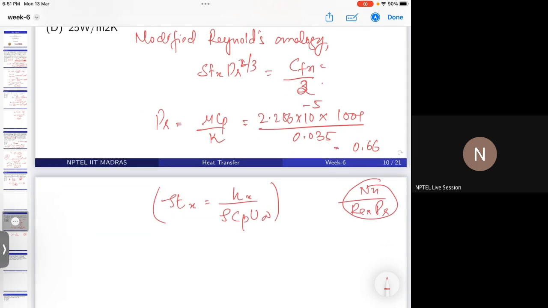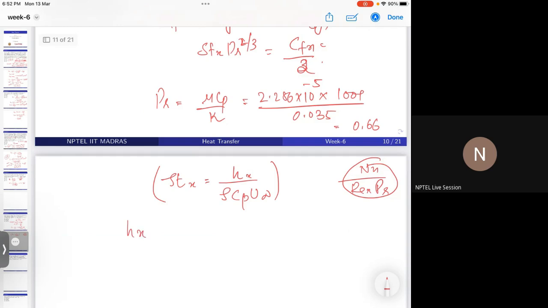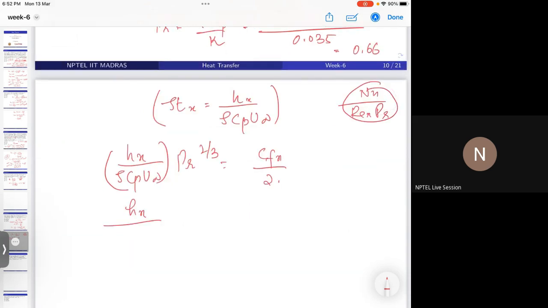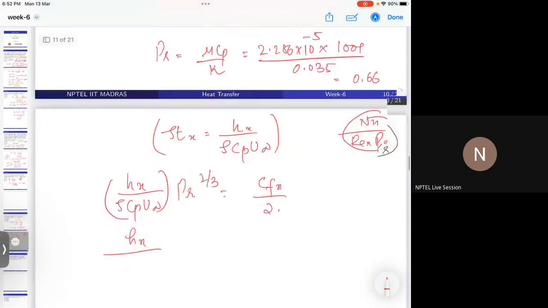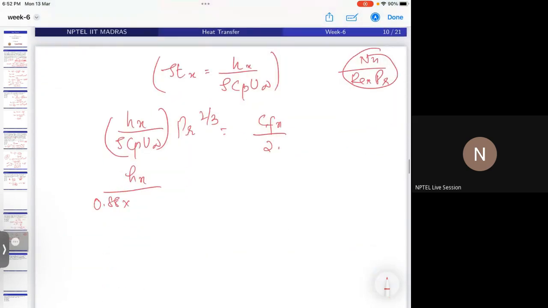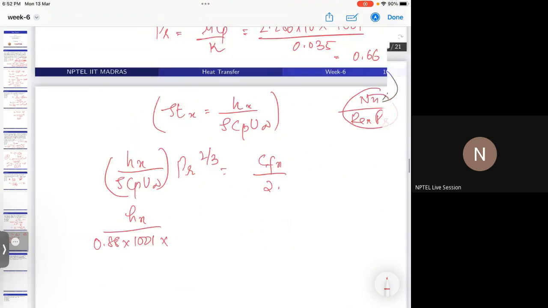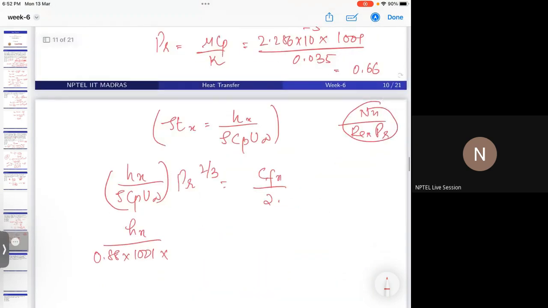Okay. So just directly put this value here, Hx. That is what we need to find out, the local heat transfer coefficient, rho Cp U infinity, Prandtl number raised to 2 by 3, Cfx divided by 2. So Hx, rho is given 0.88, Cp, U infinity is 50, Prandtl number is 0.66 raised to 2 by 3, Cfx 0.004 by 2.